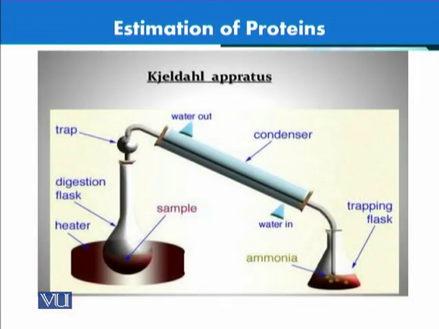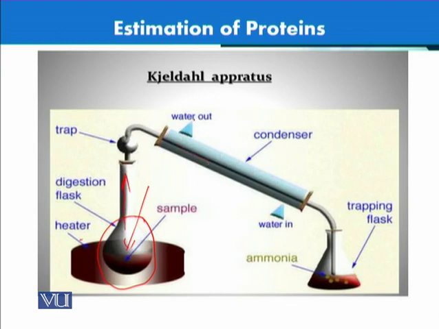If you look at this Kjeldahl apparatus, it consists of these three units as we discussed. One is the flask in which we add the food sample, and then there is a heating element. The food is heated in the digestion flask, where we add certain other reagents as well. Once it is heated, the ammonia compound goes out of the flask into this condenser.